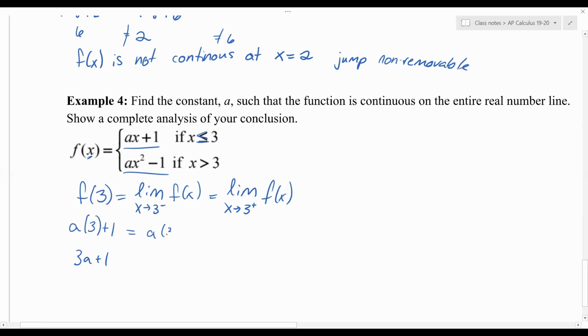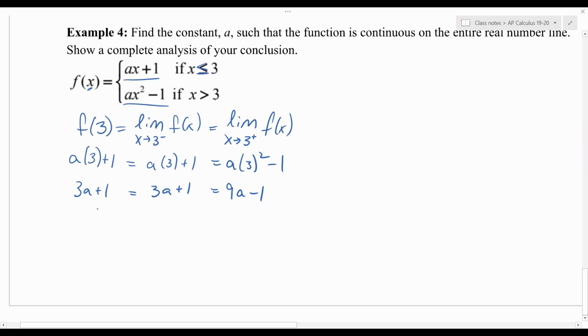A times 3 plus 1. And the limit from the right, we're going to look at greater than 3, so we're going to plug into the second one. A times 3 squared minus 1. Well, we get 9a minus 1. We want to find this value of a that will make it equal. Well, we can ignore this part because it's the same and just solve this equation.